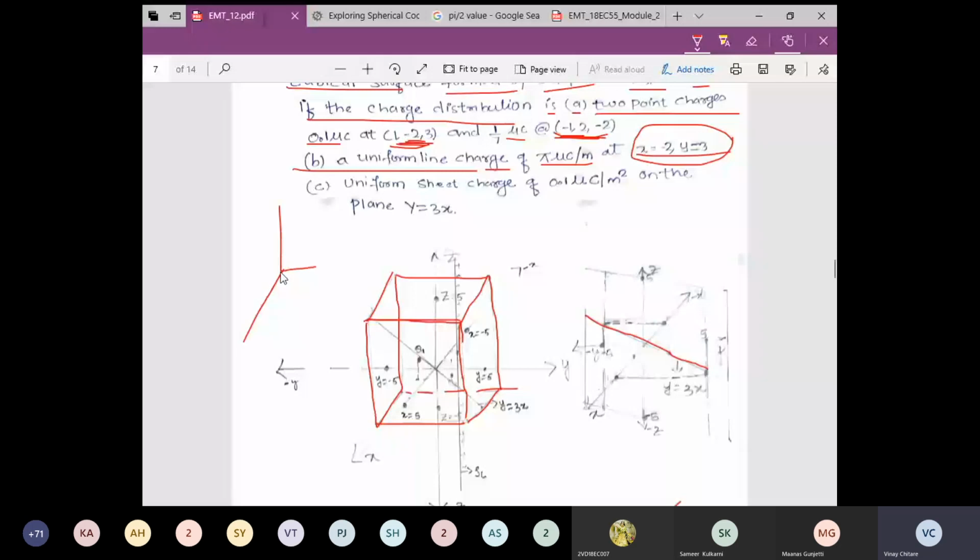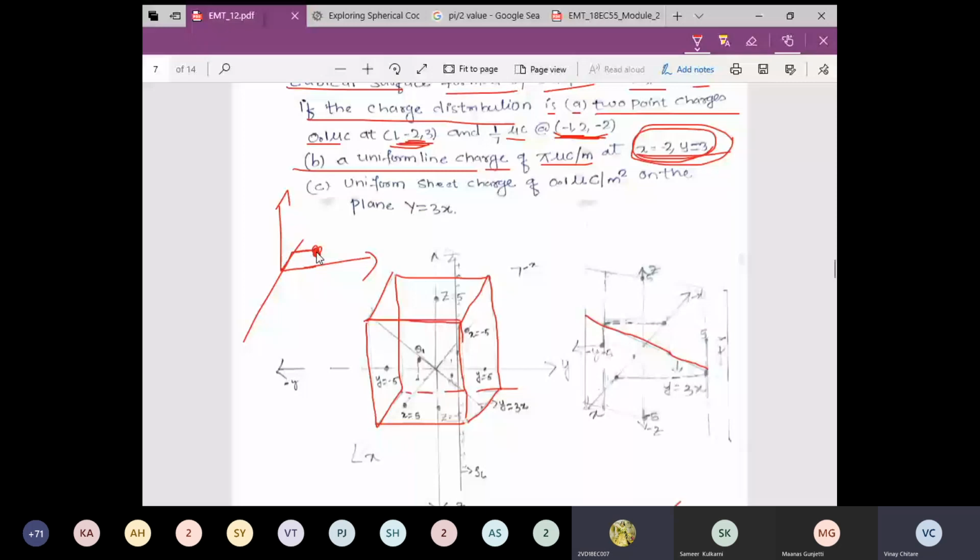How do you locate this line charge? You go to x equal to minus 2, that is on the negative x, and go to y equal to 3. This is the point, a point on the line axis. Can anyone now tell me which axis the line charge is parallel to?